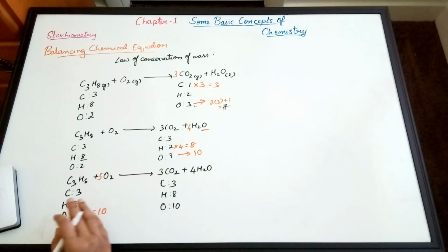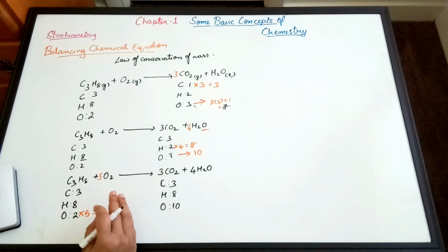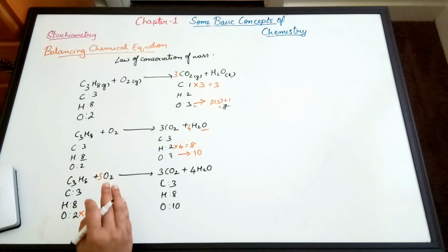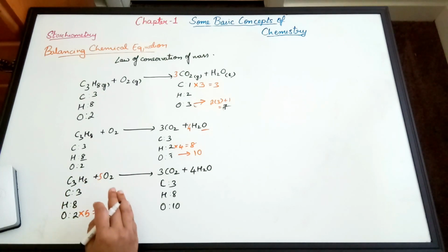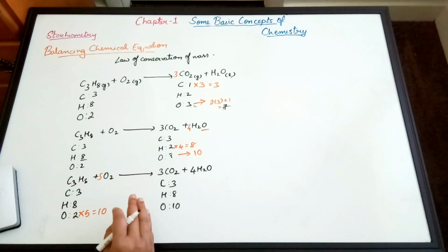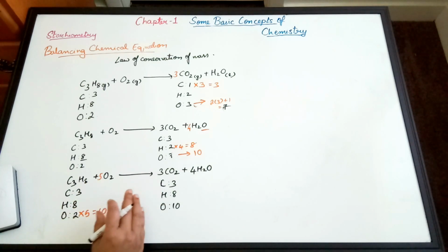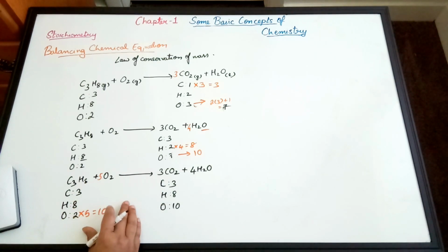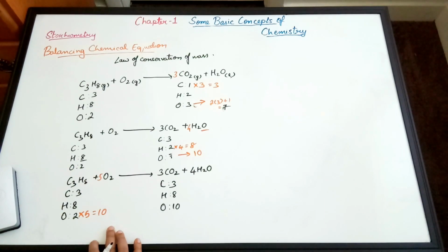The only way you'll be able to balance chemical equations is if you practice a lot more than like 3 equations. You need to do more, and only if you practice will you be able to do it well. The reason we talk about balancing chemical equations here is because it's going to play an important role in stoichiometry and stoichiometric calculations, which is going to be the next video.